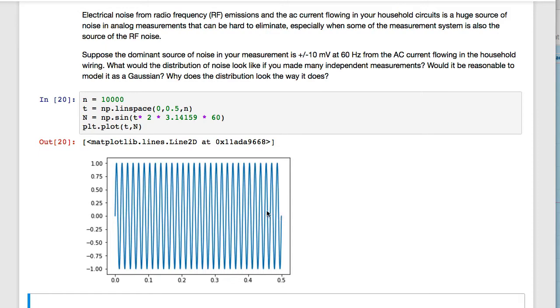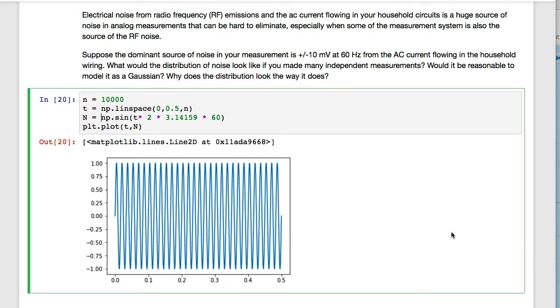I wonder how much of the time it spends at each of the values between, oh, hang on, negative 1 to 1. That's not what we wanted. We wanted plus or minus 10 millivolts. So if I wanted this noise to be a voltage that went from 0 to plus 10 millivolts and down to minus 10 millivolts, then I'd have to make that 0.01 volts.